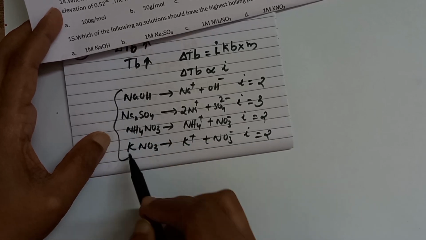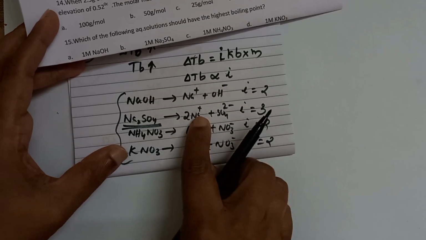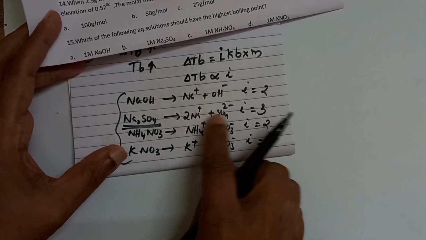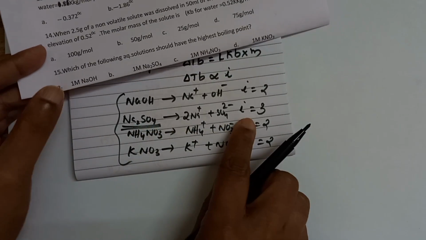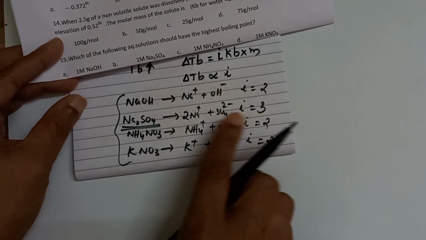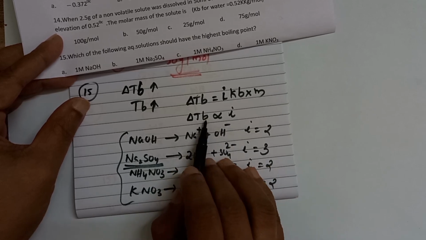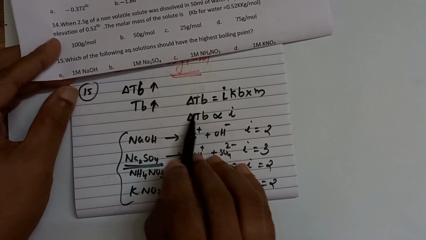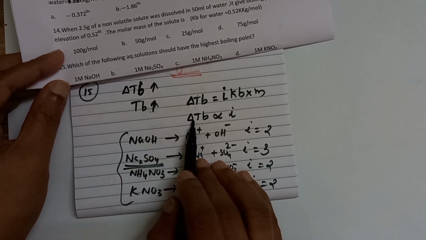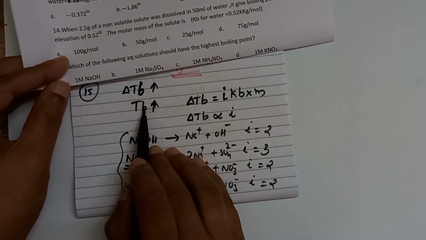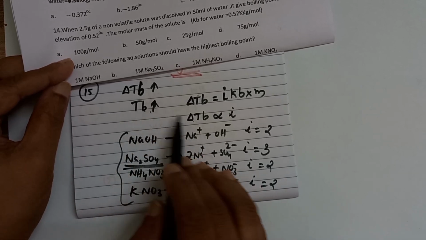So in this case, the i factor is 3 for Na2SO4. The number of particles dissociated is more in the case of Na2SO4, which means the i value is more. If the i value is more, that directly affects the elevation in boiling point, and consequently the boiling point of the solution will be higher. So if delta TB is higher, TB will automatically be higher.